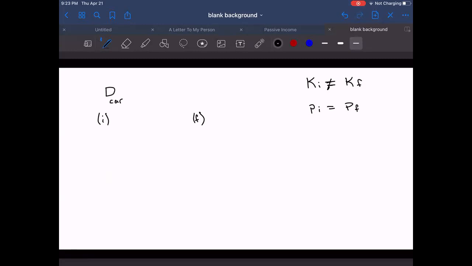This is almost the same situation. This thing is moving at 3. The car is not moving. V car equals 0. Stationary.